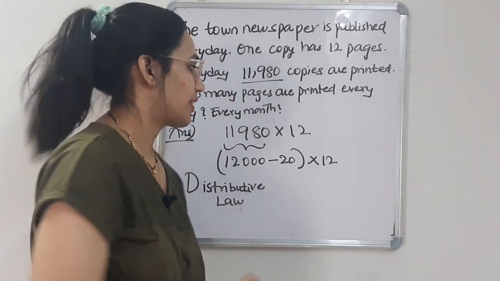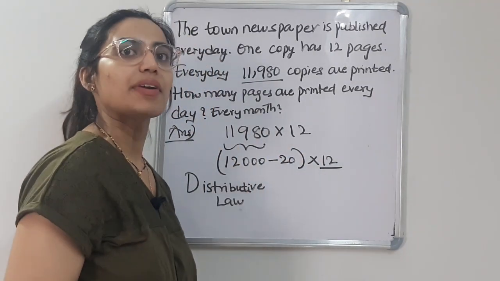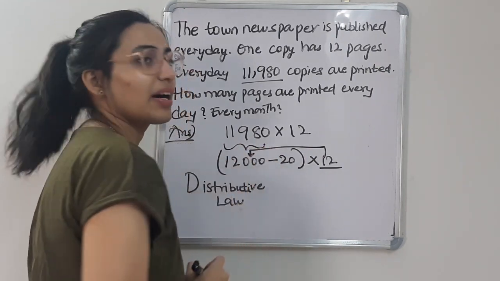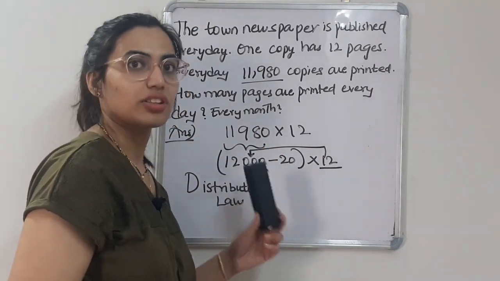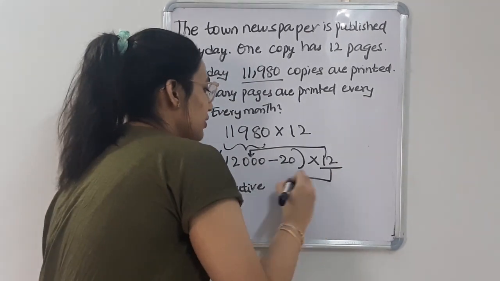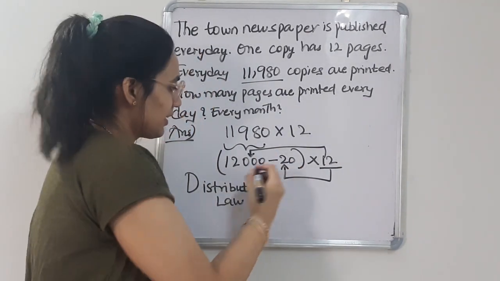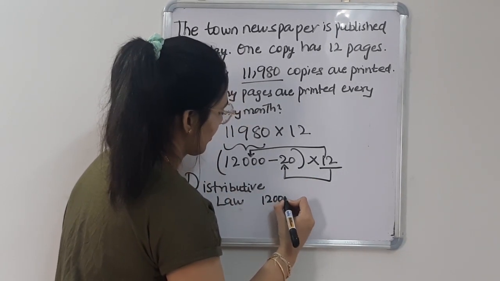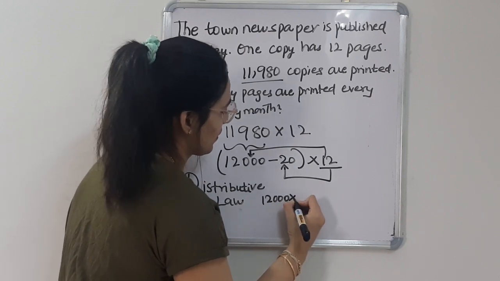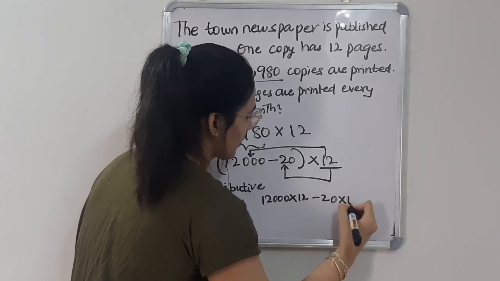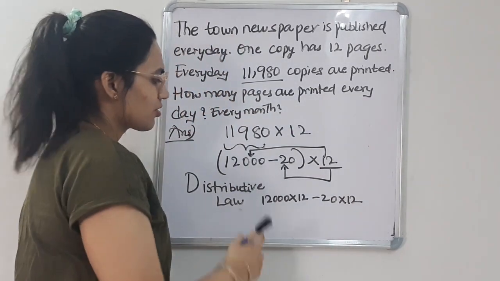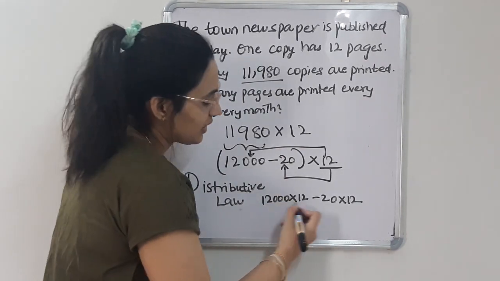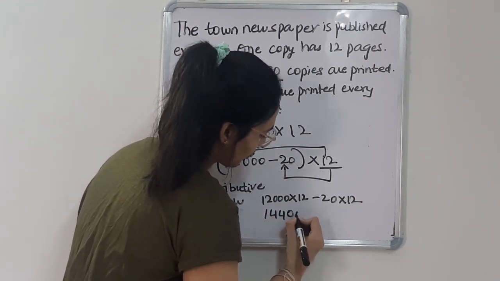Distributive law states that whenever there is a number outside the brackets and it's multiplied, then this number can be multiplied by the numbers inside the bracket with the operation, right? In this case, this can be multiplied by each. I'm sure almost all of you might know the 12 table. So 12 12s is nothing but 144.